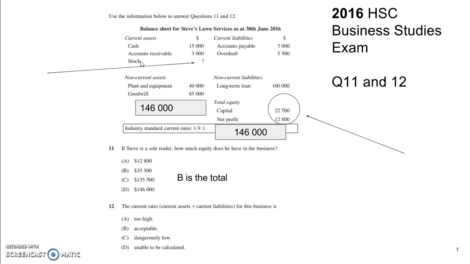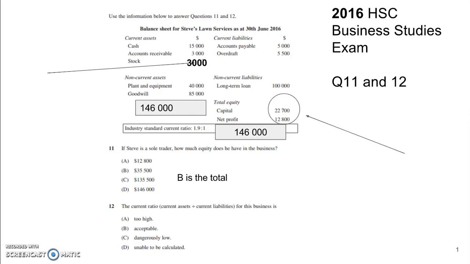So we put the balance where it belongs, and now all we simply have to do is find the missing number here, the difference between all of these figures added up and 146,000 by that accounting rule. So we know that now stock will be valued at $3,000 on this balance sheet.